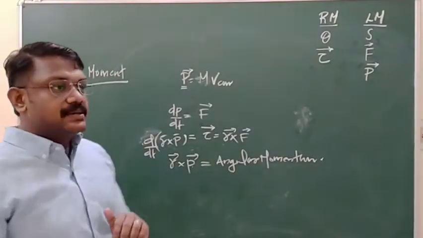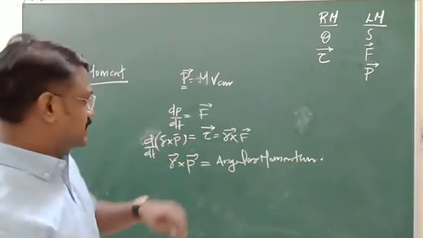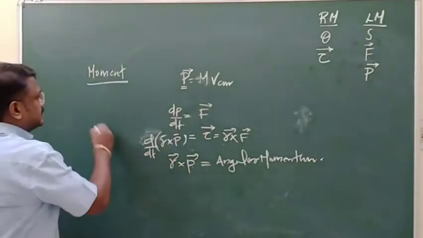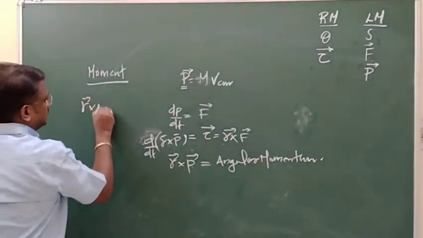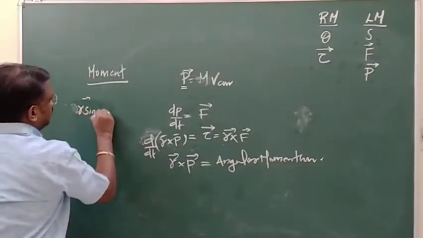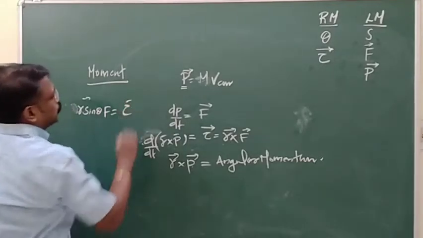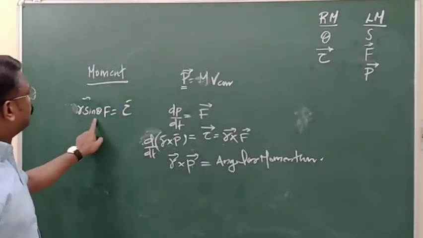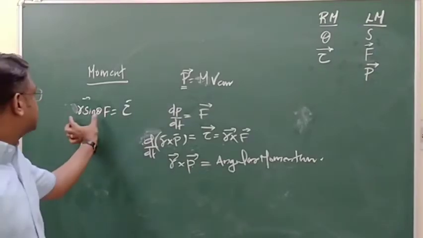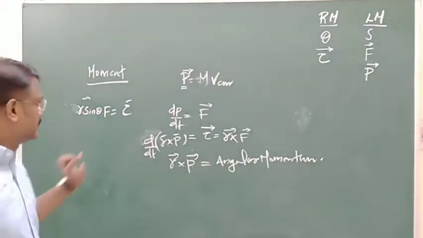So moment is multiplication with the distance. r cross F or r sin theta into F is the moment of force, which is torque. The perpendicular distance r sin theta multiplied by force is torque.